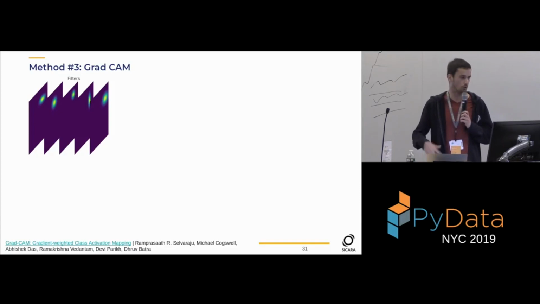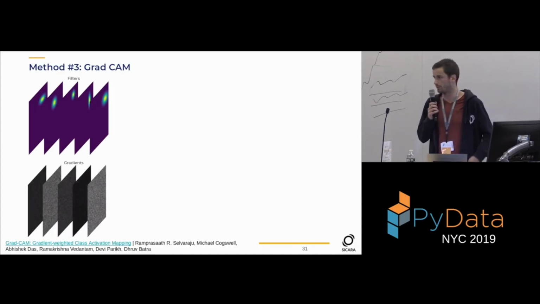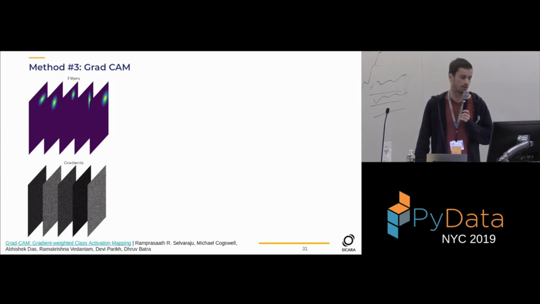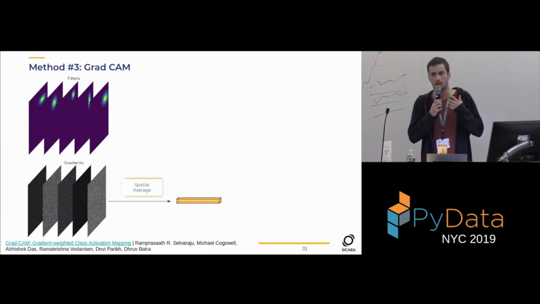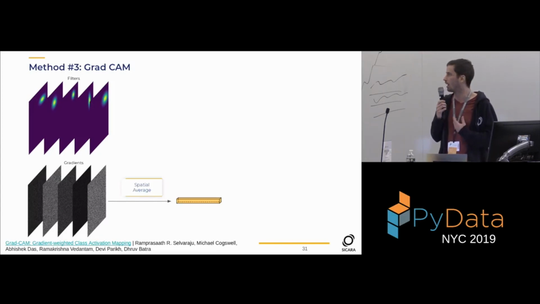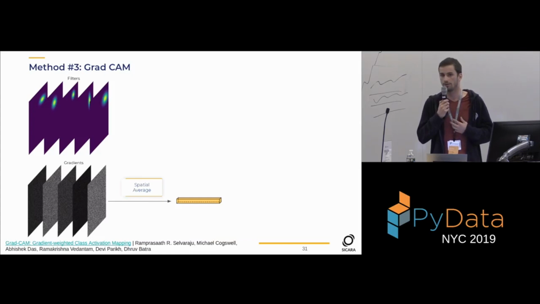So what we do to weight those filters is we take the gradients over those, and we spatially average the gradients, because if the gradients have a high value for a given filter, it means it has more weight toward the final decision.